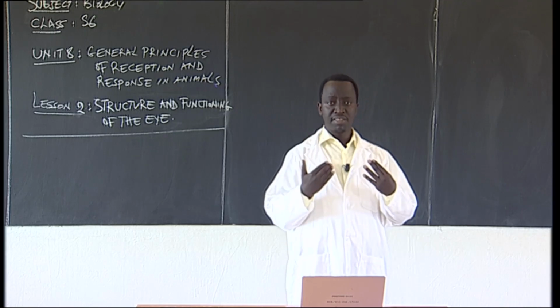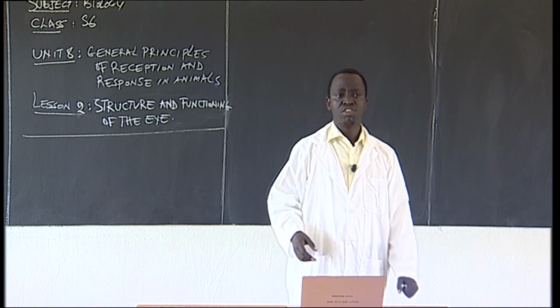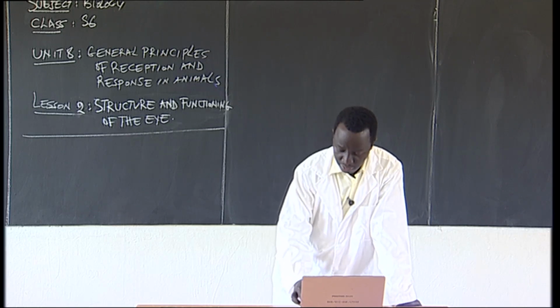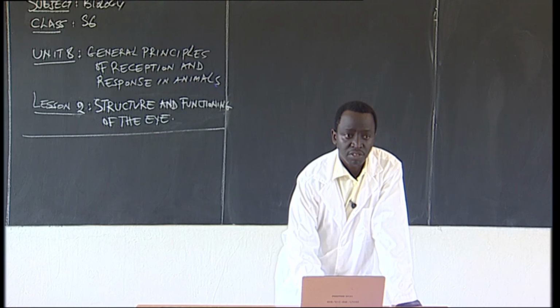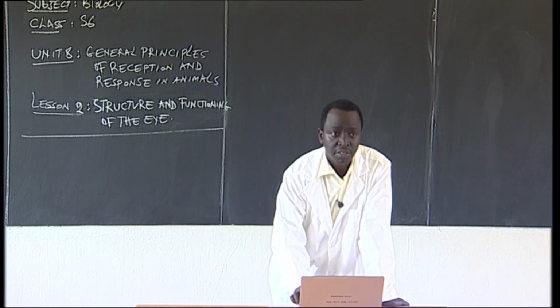That change is ensured by the ciliary body. They are here. Those ciliary muscles contract and relax so the lens can change shape when you want to look at objects that are near or distant.